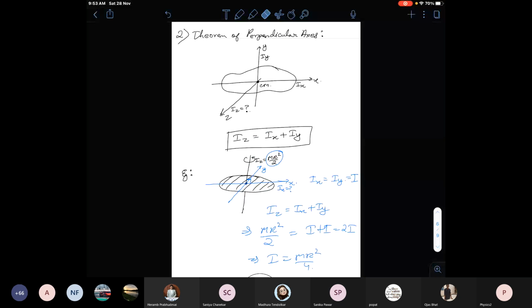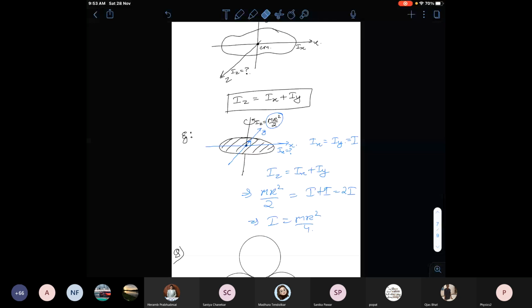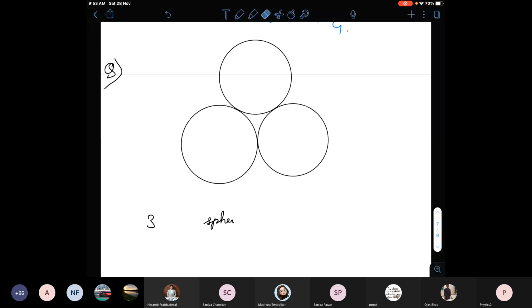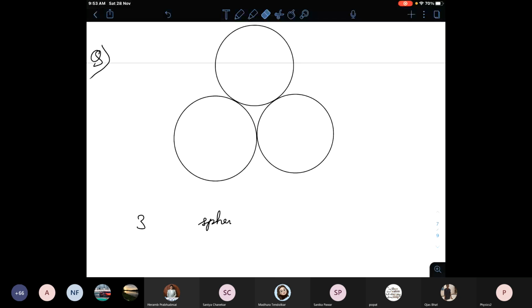Yes, so thank you. So just see the question: three identical spherical shells of mass capital M are kept like this, touching each other.